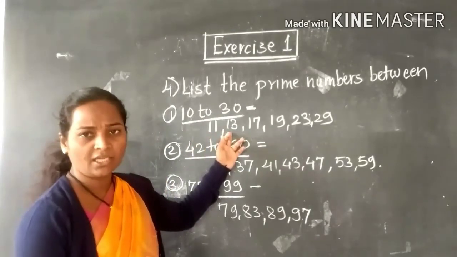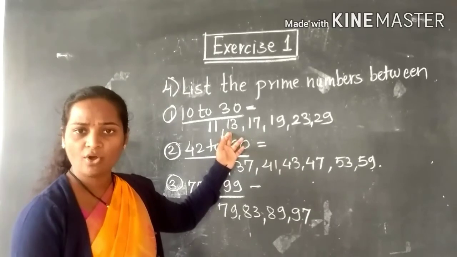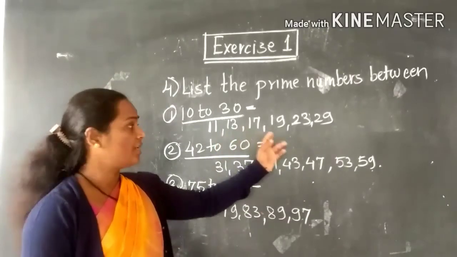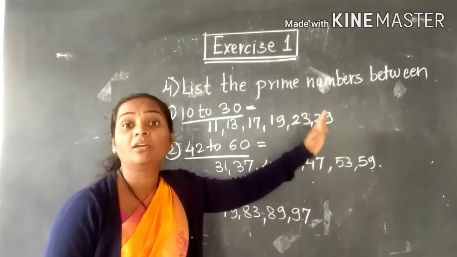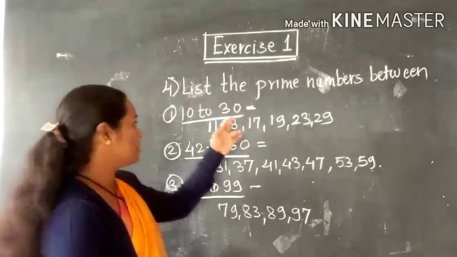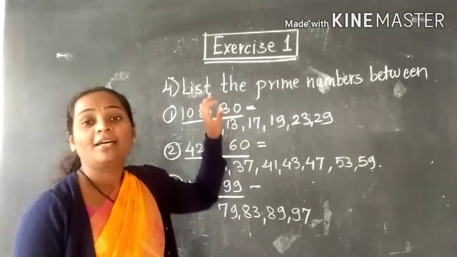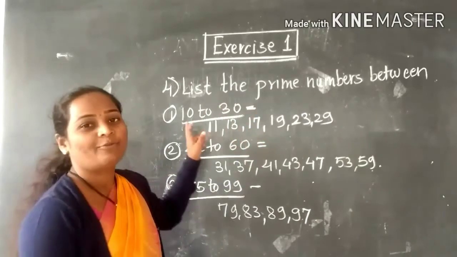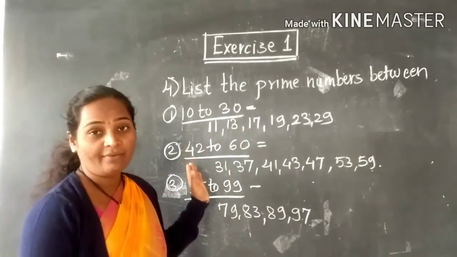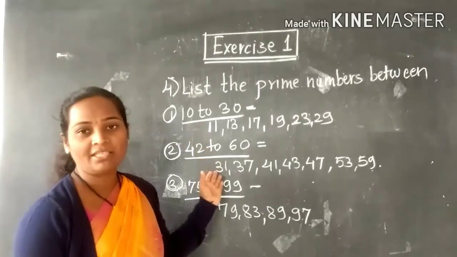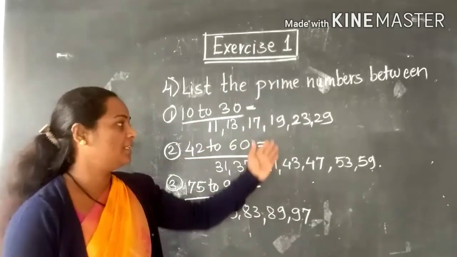Okay, 13 is also not divisible by any other number. 17, 19, 23 and 29. Okay, stop here, because up to 30 you have to write. So all these numbers are prime numbers from 10 to 30: 11, 13, 17, 19, 23 and 29.